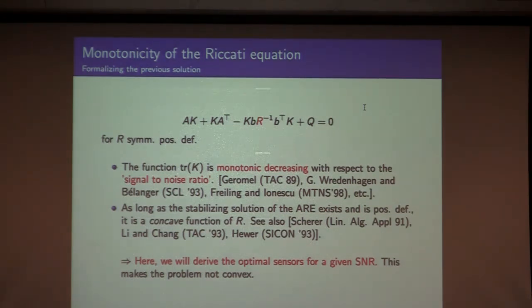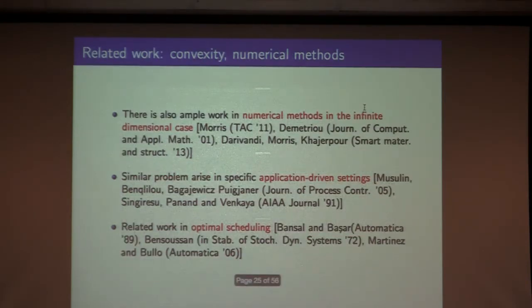You're going to see it becomes a non-convex problem. I also mention that there is a lot of other work, mostly in the infinite dimensional case by various people, and also in application-driven settings. If you Google optimal sensor actuator placement, you'll find plenty of applications for this type of problem.